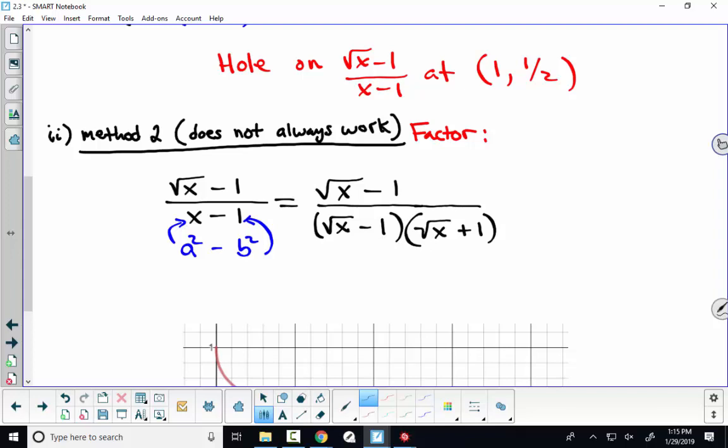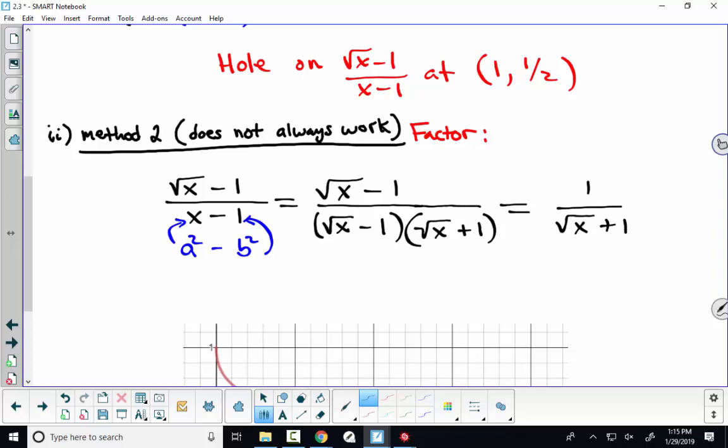We're not really used to looking at that. When we factor difference of squares, it's always like x squared minus 25 or x squared minus 100, right? But we can factor x minus 1 or x plus 3 as the difference of squares. So once we see that as how it's factored, notice we're in the same place we were a minute ago, because that function simplifies now to 1 over the square root of x plus 1.